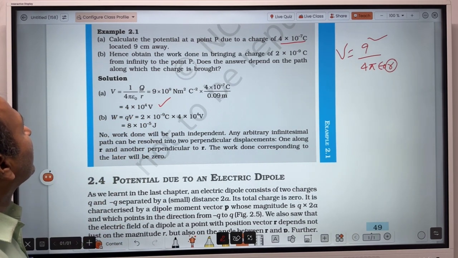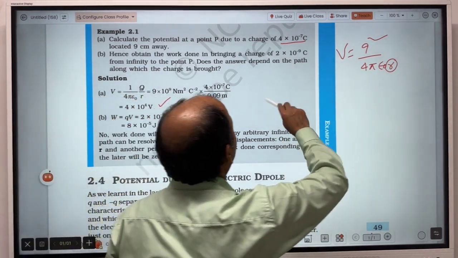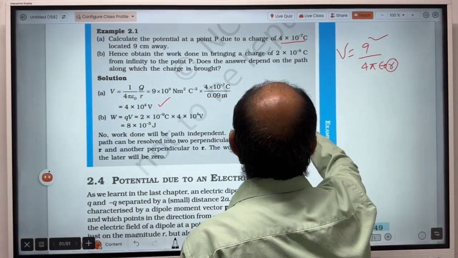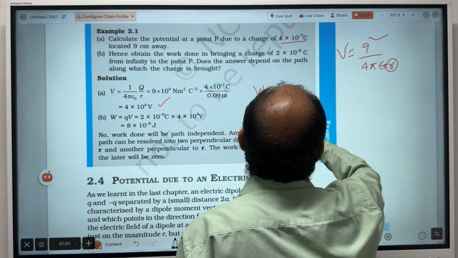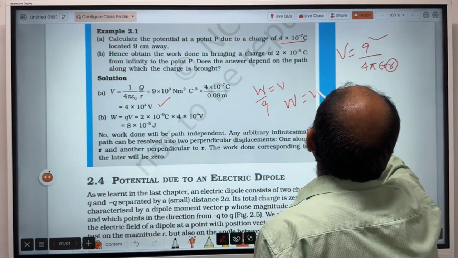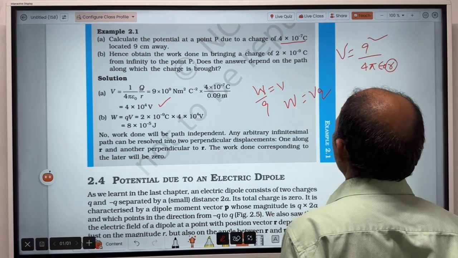Now, hence, obtain the work done in bringing a charge from infinity to that point. So see, work done W, as I told you, W upon Q equals V. So W will be V into Q. Here distance is not involved.